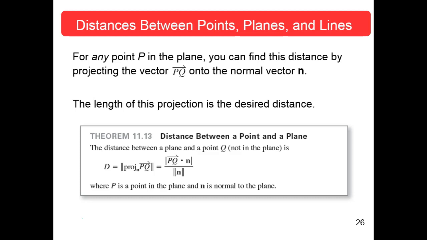If it comes out negative, just take the positive. P is a point on the plane, N is the normal to the plane, and Q is that point not on the plane.